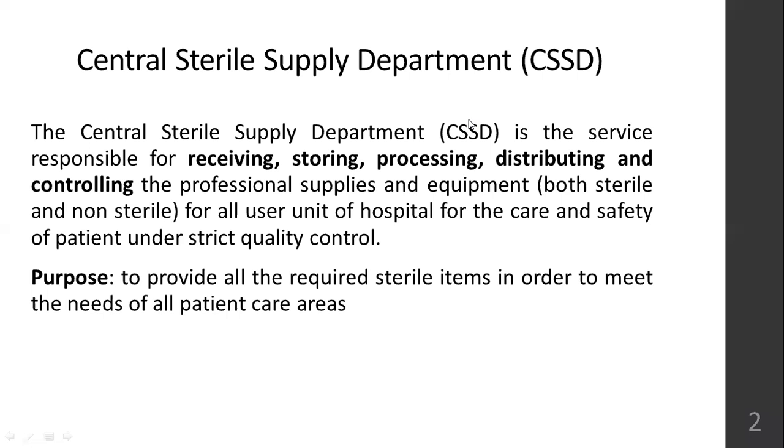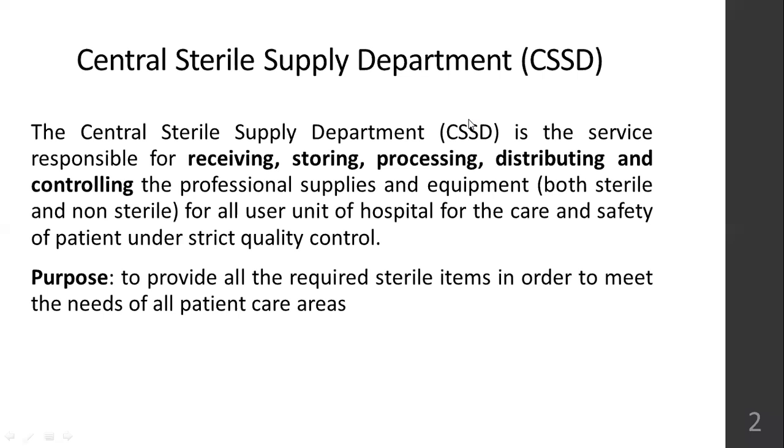So the main processes that take place in the CSSD are to receive non-sterile articles, process them properly with cleaning, sterilization, disinfection and all, store them, distribute them as and when need arises, and control them. Control means if you receive a broken item, maintenance has to be done for it.